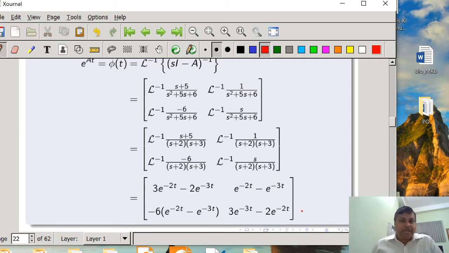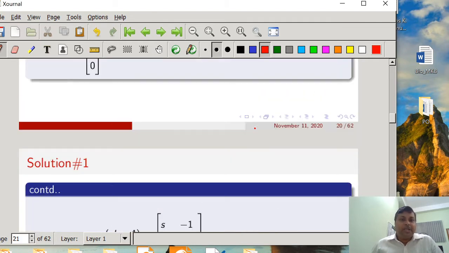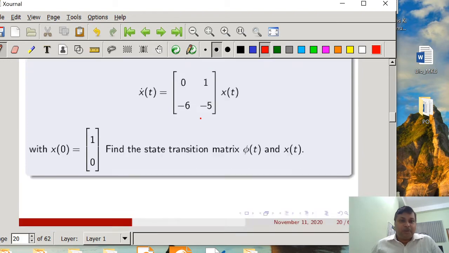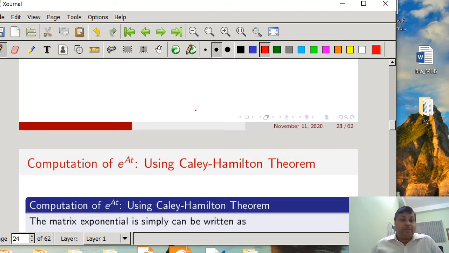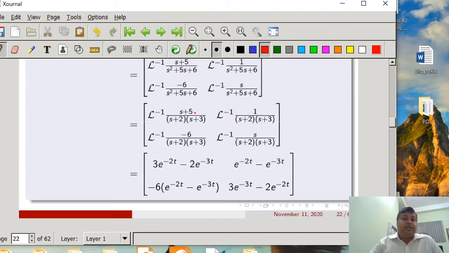Here, for this example, we have taken a 2 by 2 matrix A, so e to the power At is also 2 by 2. The most important thing is that each element of e to the power At is some constant into e to the power minus lambda 1 t plus some constant into e to the power minus lambda 2 t.